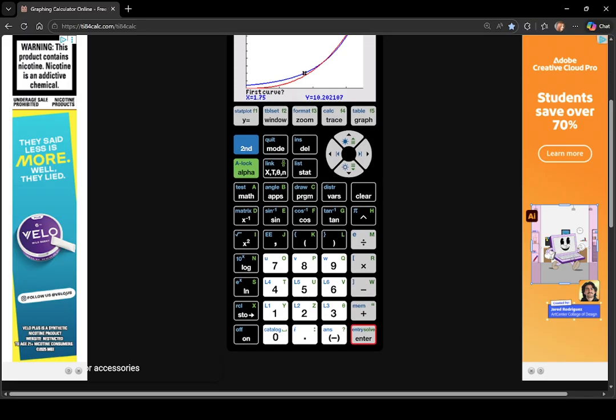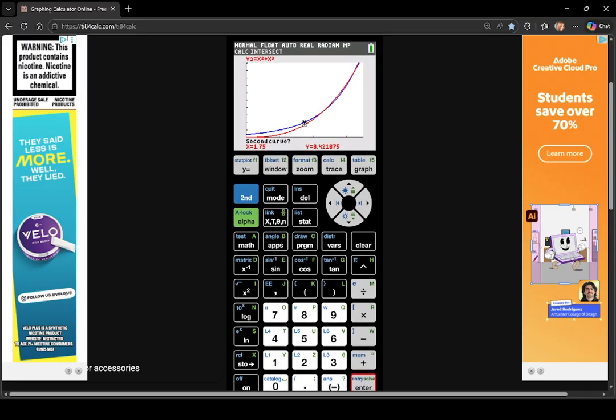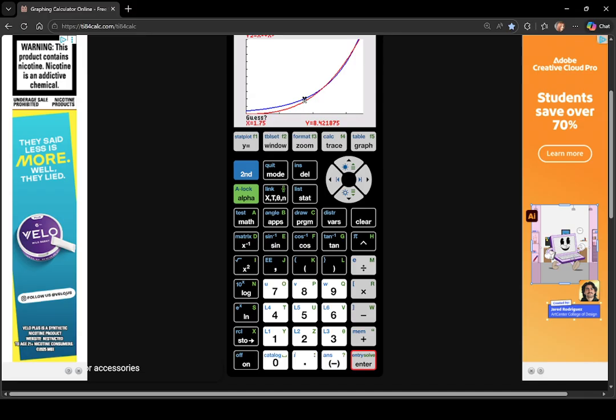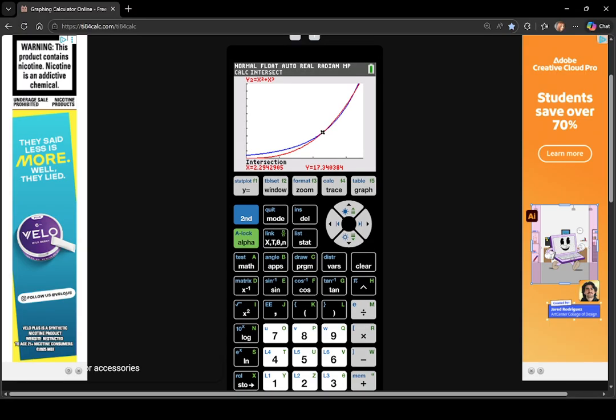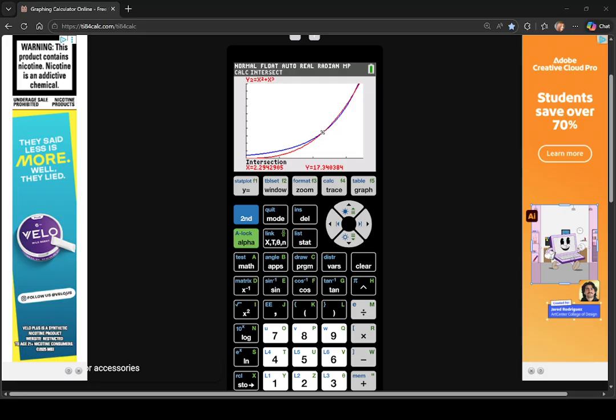And so I can say enter, and it says, where is the second curve? And I hit enter one more time, and then I get my first intersection point. Now, if I'd scrolled all the way to the right, I would have gotten the right intersection point. So that's how we can solve. We get x equals 2.29. Now back to our slides.